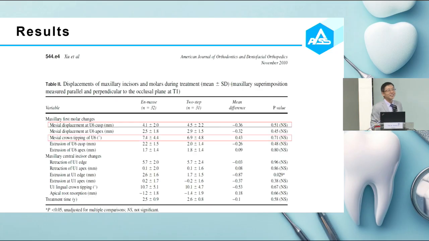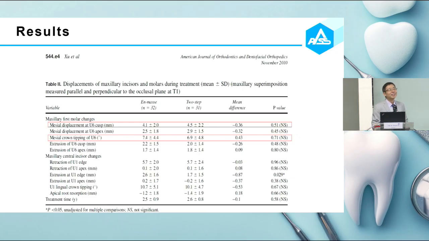Then we checked the angulation of the upper molar. It tipped forward 7.4 degrees in the unmasked group and 6.9 degrees in the two-step group, with no statistically significant difference. So we can pool them together. The average molar tipped forward about 7.2 degrees.